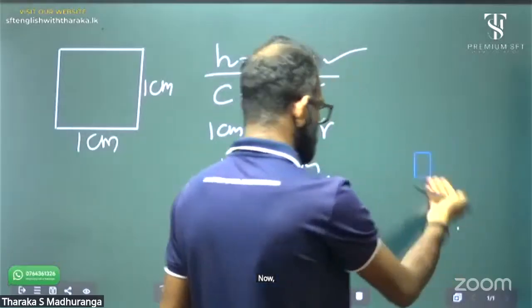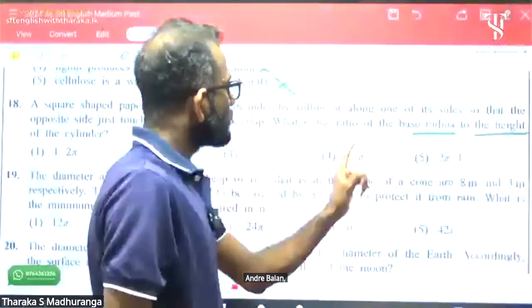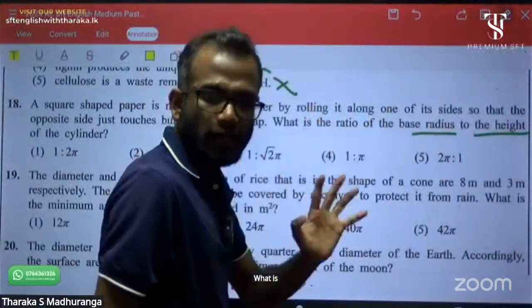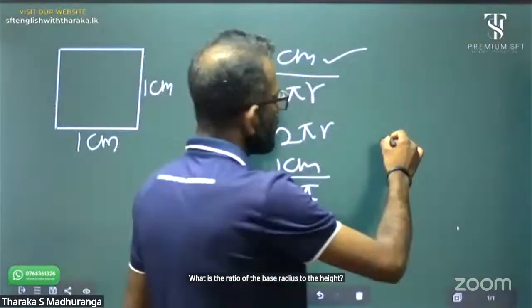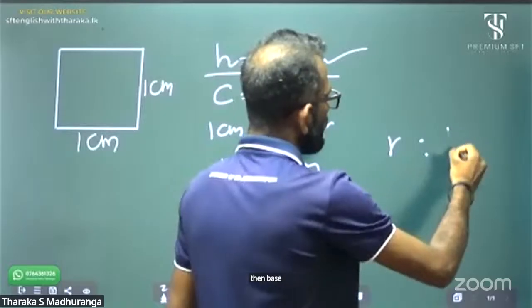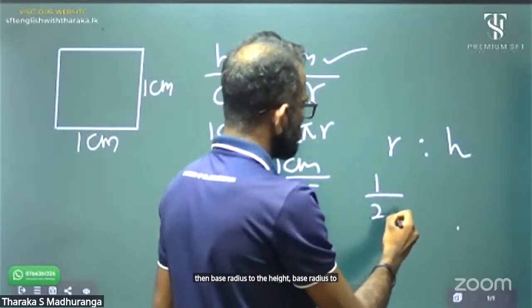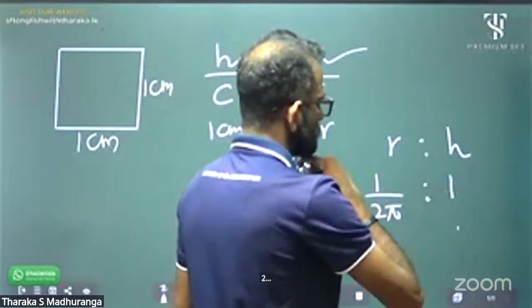Now the question asks, and that's very important, what is the ratio of the base radius to the height? Base radius to the height, radius to the height. Radius equals 1 over 2π to 1.